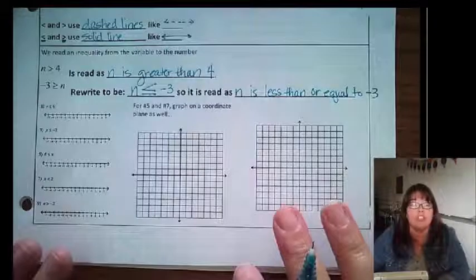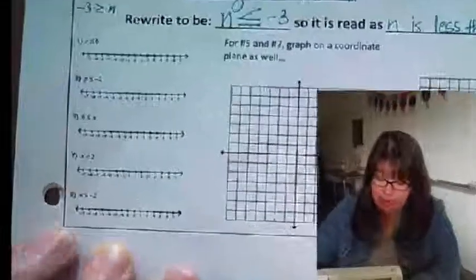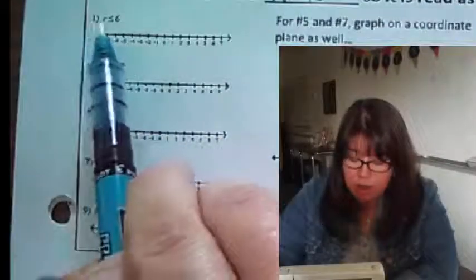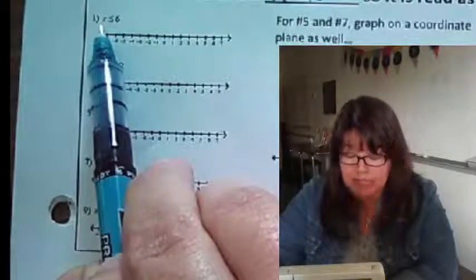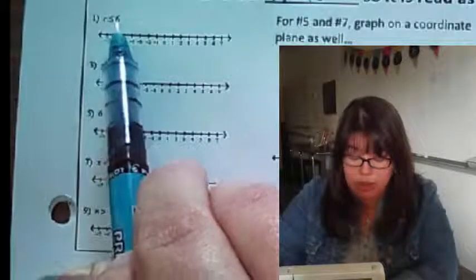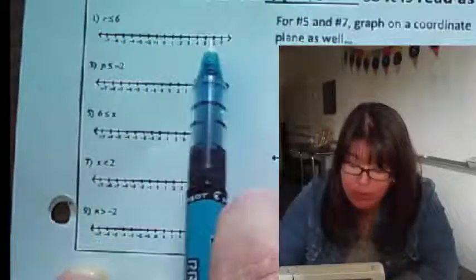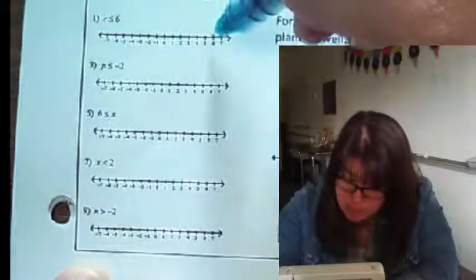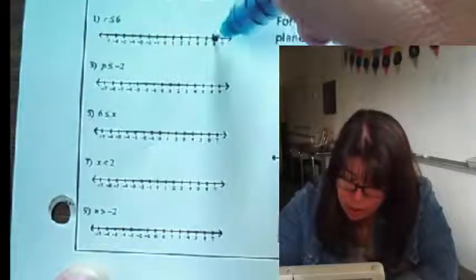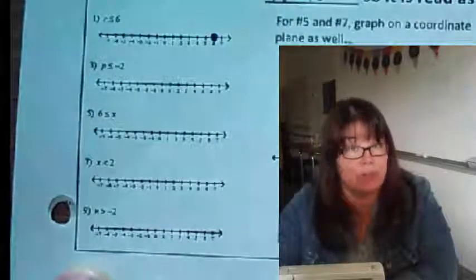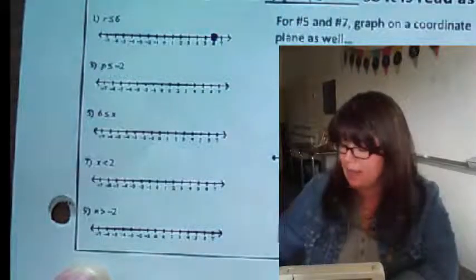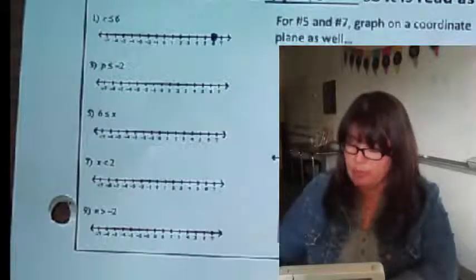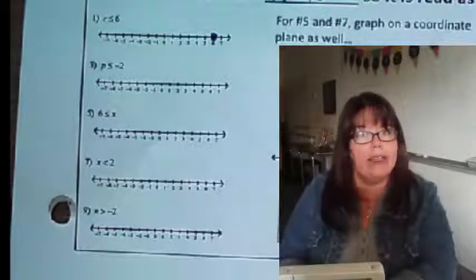All right, so we have these number lines here. We have R, we want all of the R values that are less than or equal to 6. So here's what I'm going to do. This is a number line. So at 6, I'm going to put a circle, and I'm going to put a closed circle because it has the equal sign. Then I'm going to take my highlighter. I'm going to use green. I like green today.